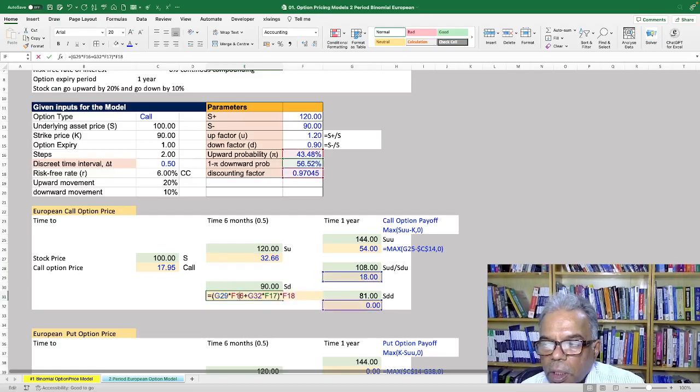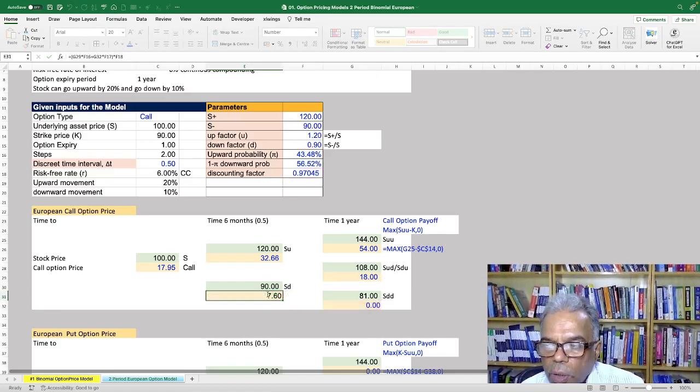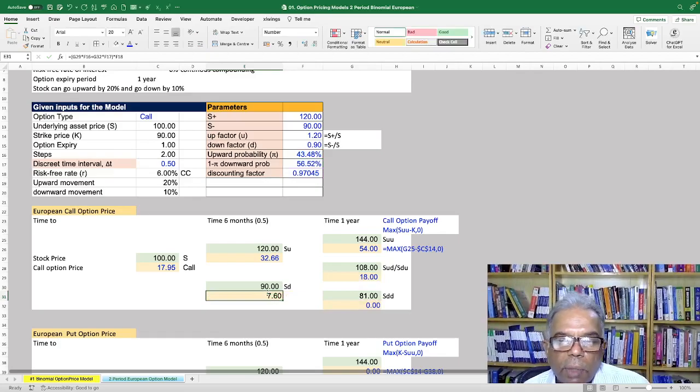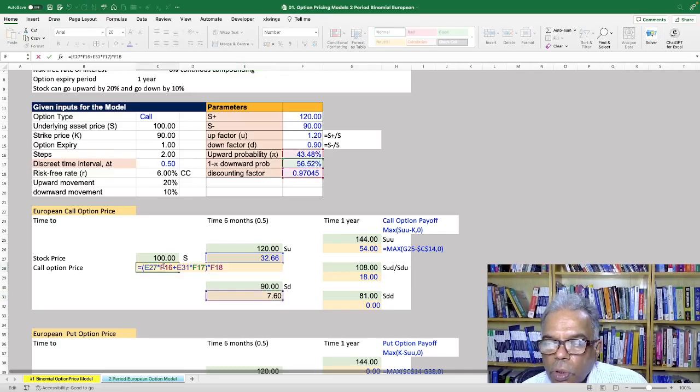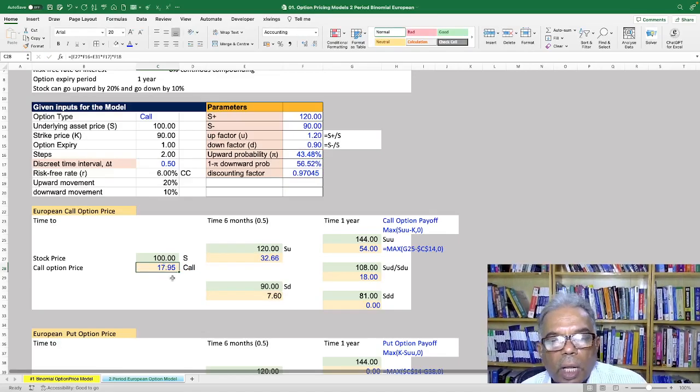Similarly, 18 into up probability and 0 into down probability will give you 7.6 into the discounting factor. So now we have traveled backwards by 6 months. Again we have to reach the time t0: 32.66 into the up probability plus 7.6 into the down probability, into the discounting factor. We are able to calculate the call option price value.